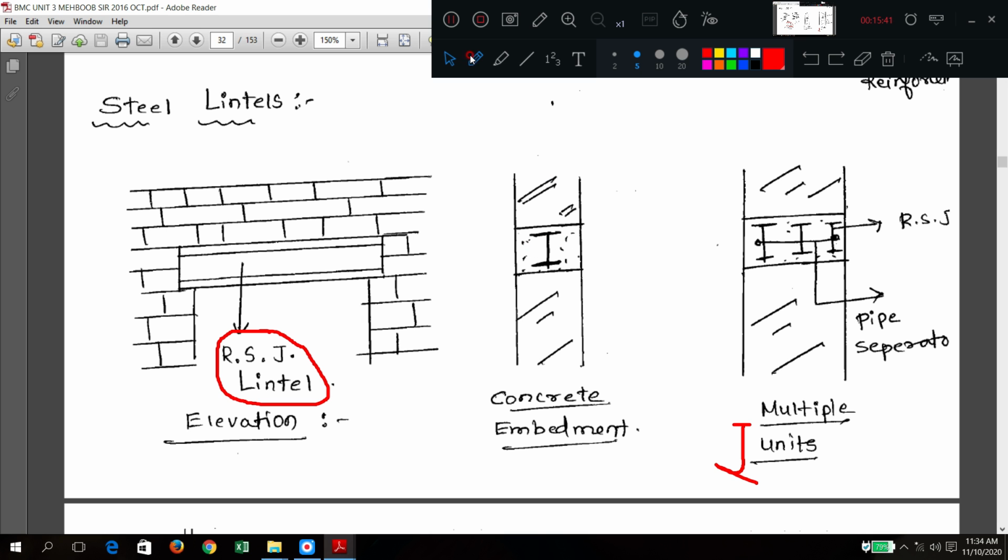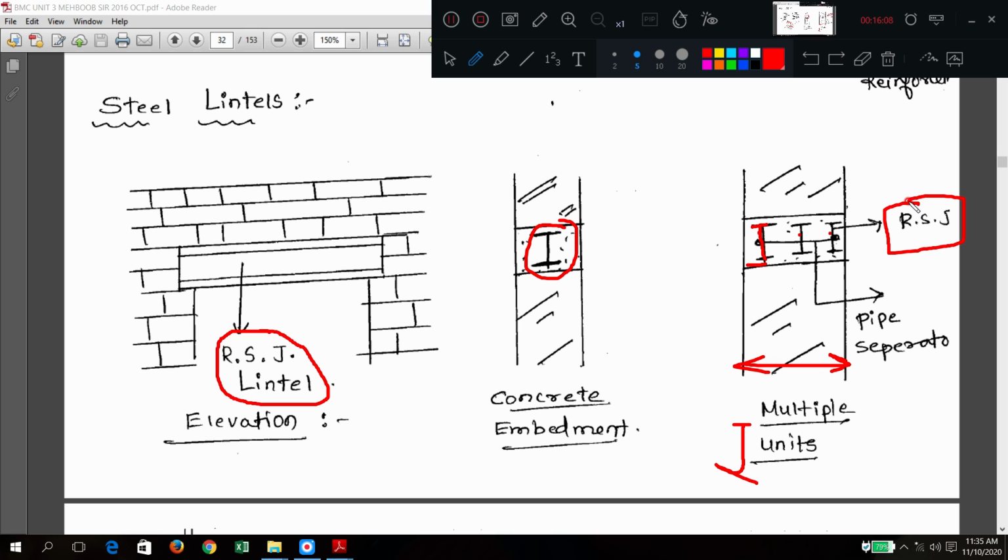Sometimes if the width of the wall is very large, like how it is shown in this example, it is constructed using not only one, maybe more than two. So one, two, three. So three sections have been kept side by side. So what I have written, RSJ, three sections have been kept there.